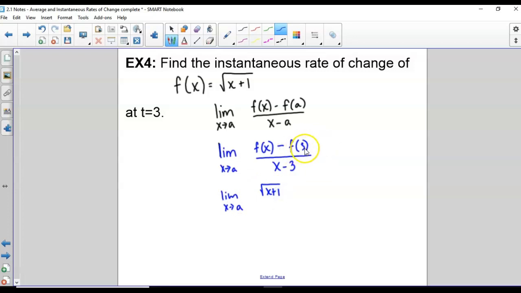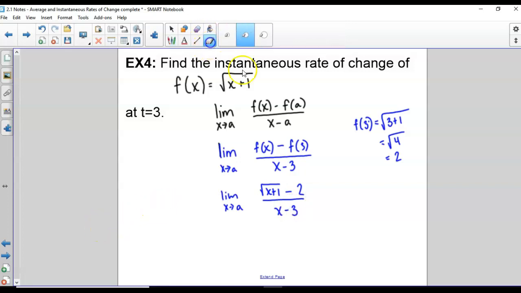And to find f of 3, we would just plug in 3 into the equation. That would give us the square root of 4, which is 2. So we would have minus 2, all over x minus 3.